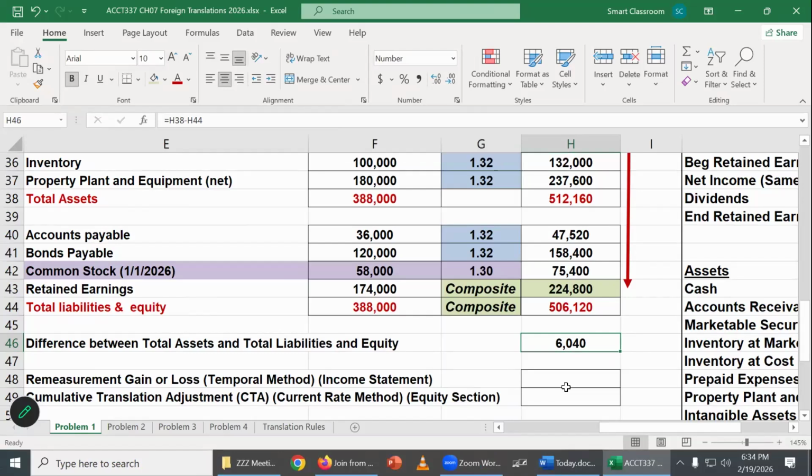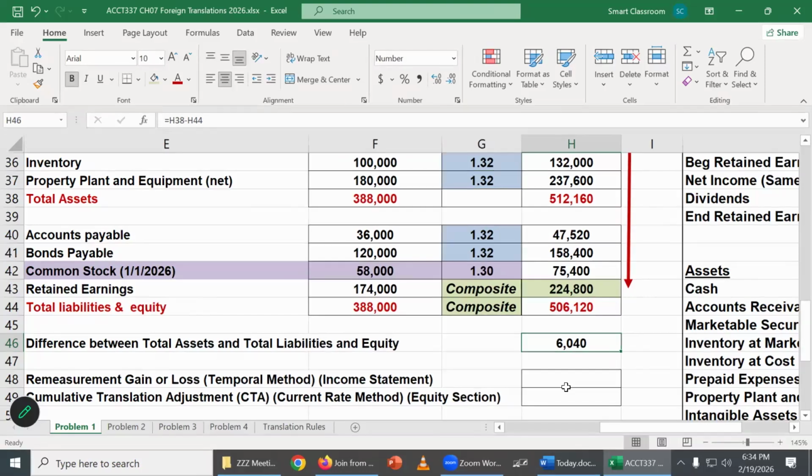Now let's think about this for a second, whether this can be a gain or a loss. Our assets, our stuff, we have 512,000. And the things we owe to creditors and the owners is 506,000. What do you say? It's a gain.